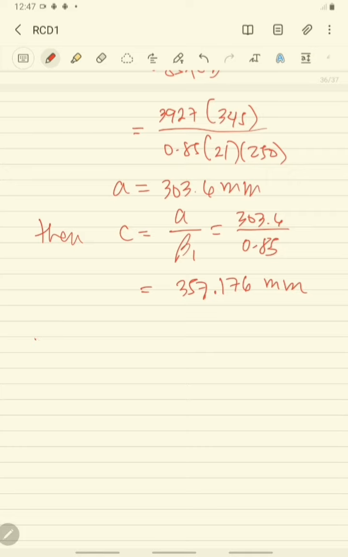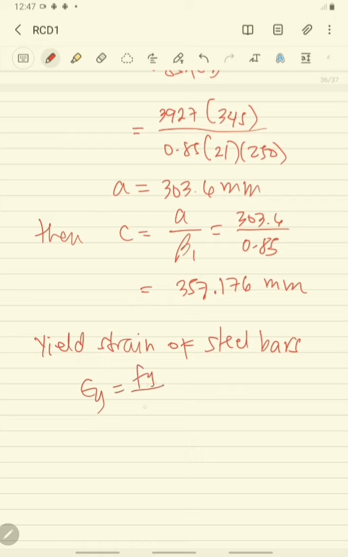For the yield strain, the strain is equal to Fy over Es, where Es is the modulus of elasticity of the steel, 200,000 megapascal.